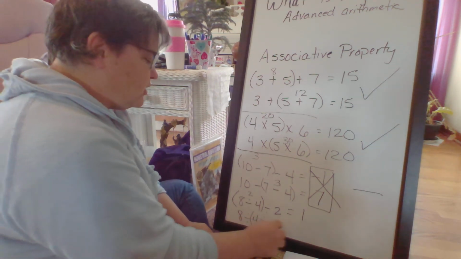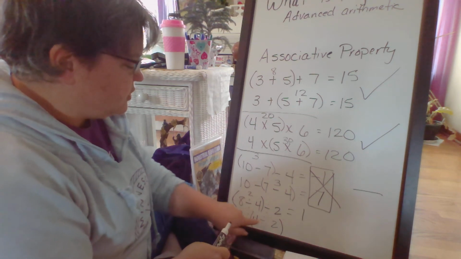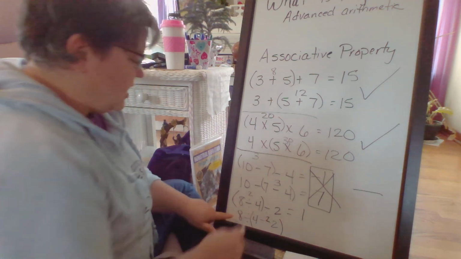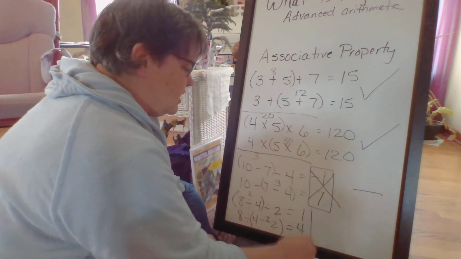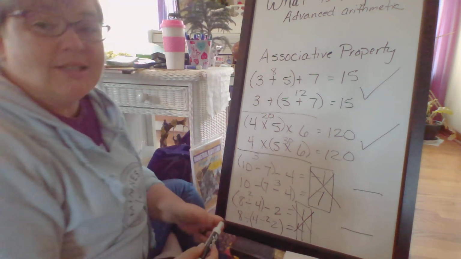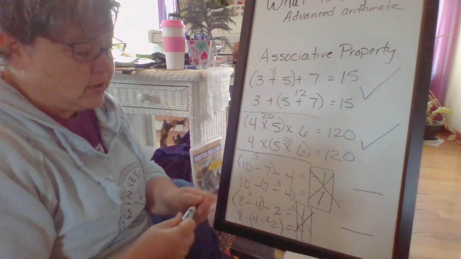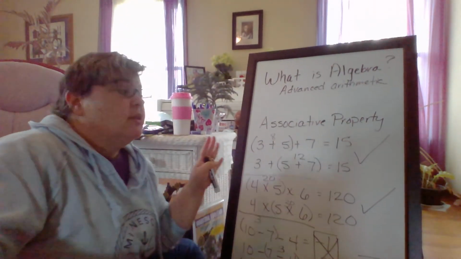I'm going to associate the 4 and the 2 this time. 2 into 4 is 2. 8 divided by 2 is 4. These are not the same. Division is not associative.